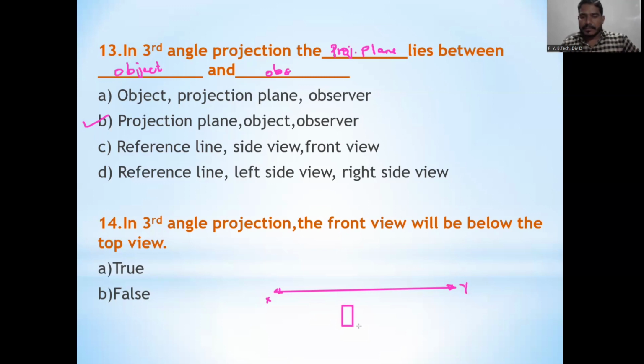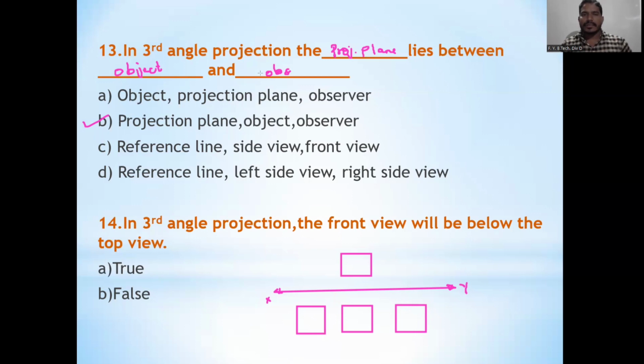Here our front view is there. Then our top view will come above the XY line, or above the front view, we can say. Then its right hand side view will come on the right hand side of the object, and its left hand side view will come on the left side of the object.